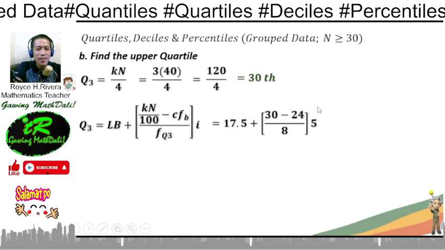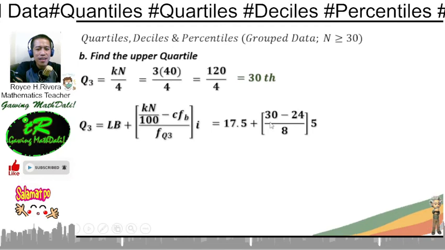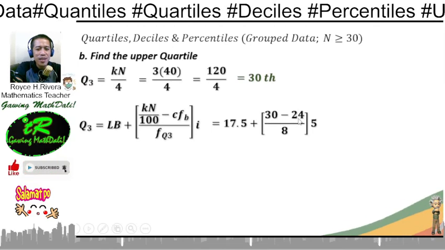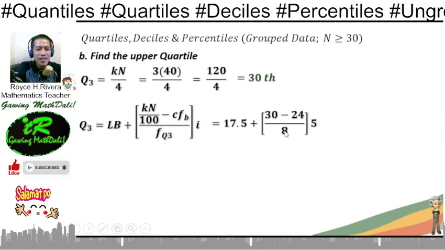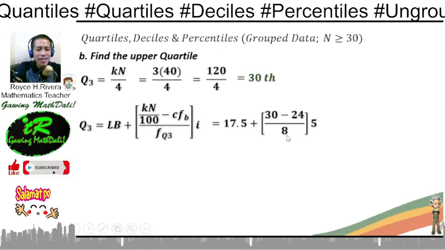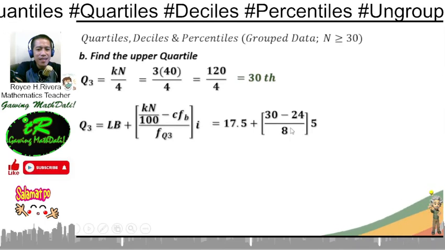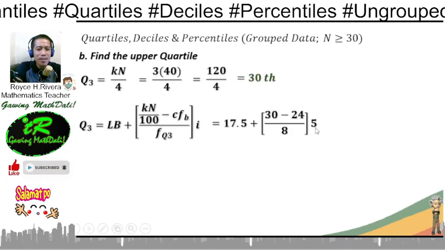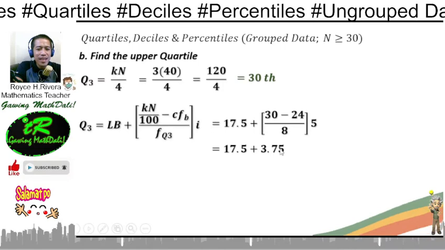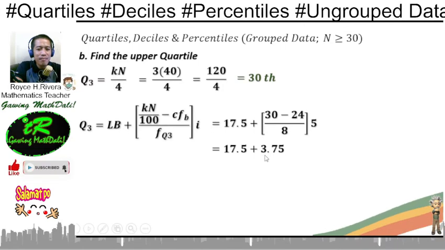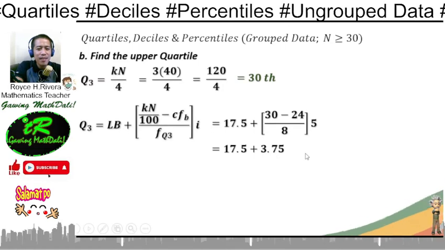We will evaluate these values. 30 minus 24 over 8, and the result will be multiplied by 5. We will get 17.5 plus 3.75.